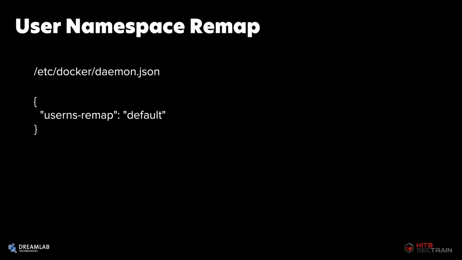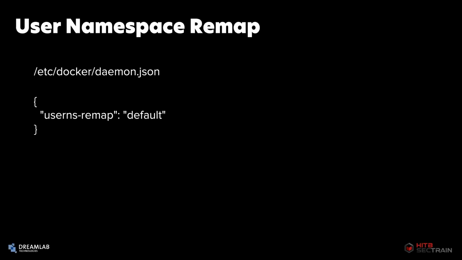Well, that's when the user namespace remap comes in. This is a fantastic feature that makes use of the Linux user namespace we have talked about before to remap the root user within a container to a less privileged user on the host machine. This is my favorite security feature of Docker.